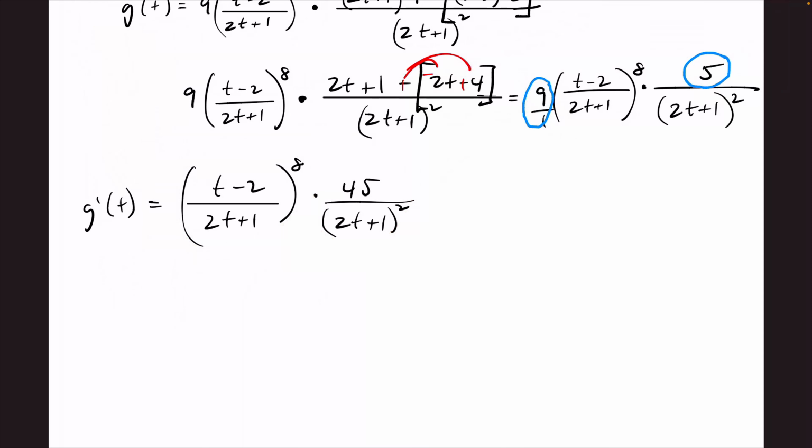So what you can do here to simplify it is, this first fraction here, if I have a fraction to a power, that means the top gets that power and the bottom gets the power. That's what it means. So like if you had 1/2 to the 4th power, that means 1 to the 4th over 2 to the 4th. That's what the rule says. So I'm going to rewrite it to distribute the power.